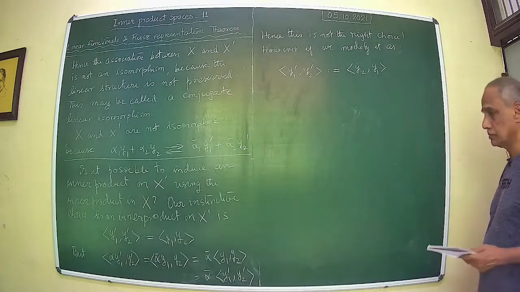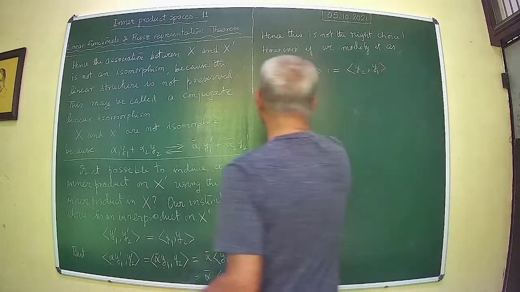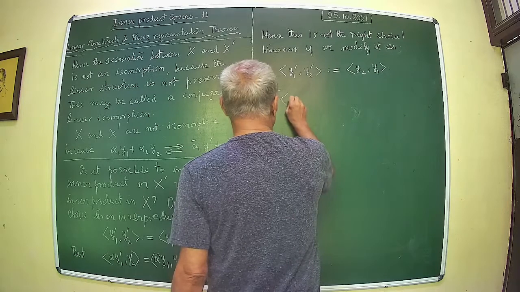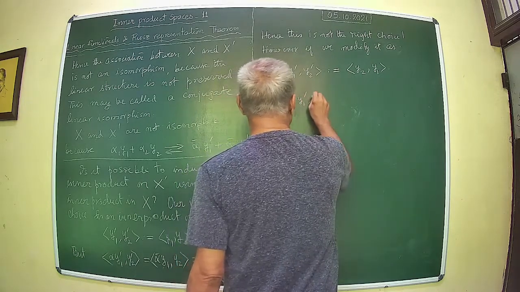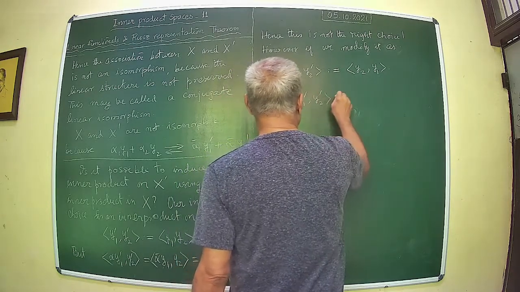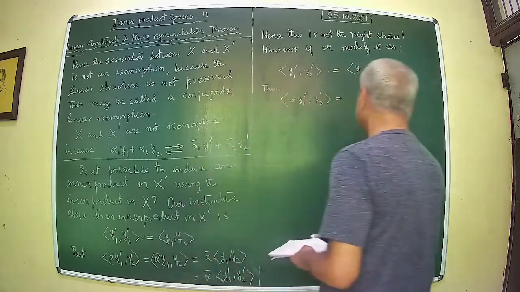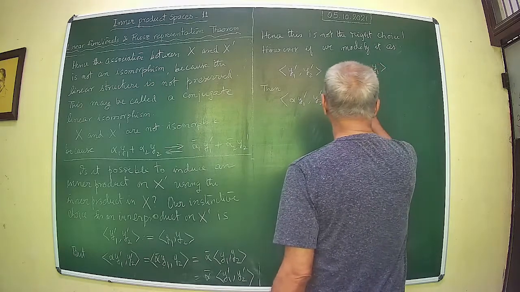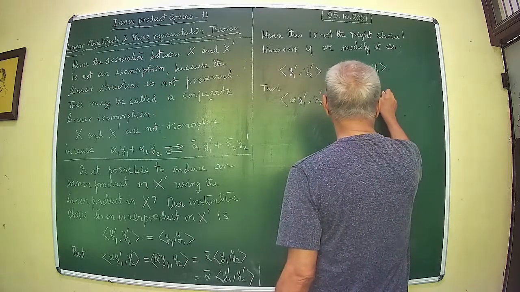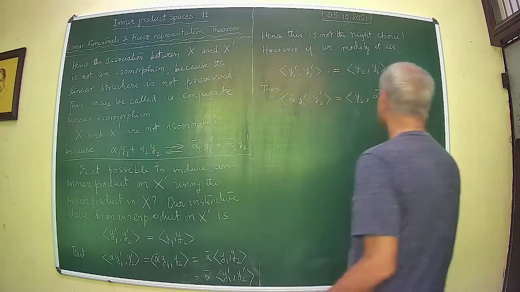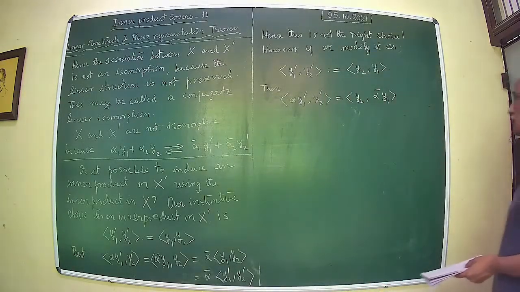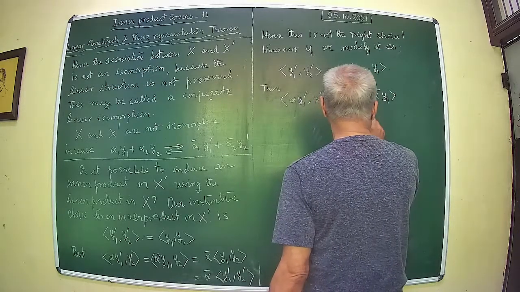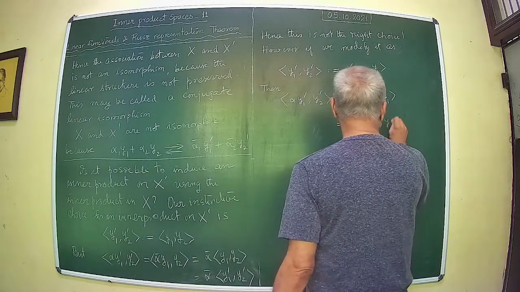Why it works? Because then this is equal to y2 alpha bar y1, which is equal to alpha y2 y1.